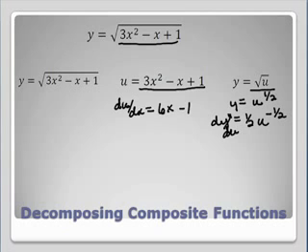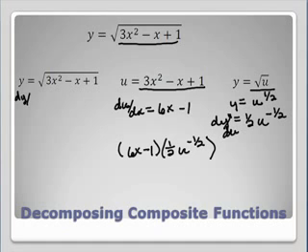All right, so now when we multiply these then together, the du cancels out, so we have 6x minus 1 times 1/2 u to the negative 1/2. The only thing is we want dy dx, so that's what we're looking for when we do the derivative.